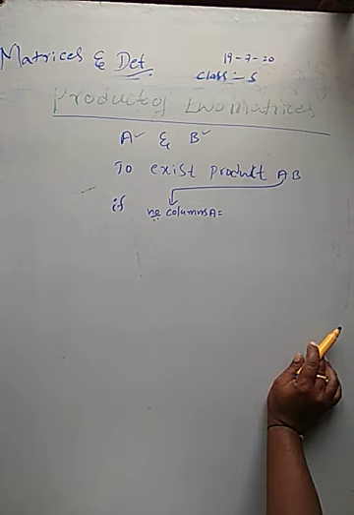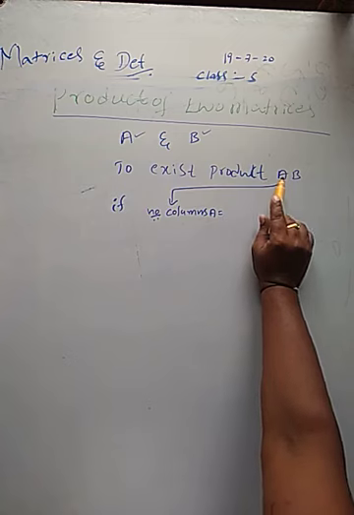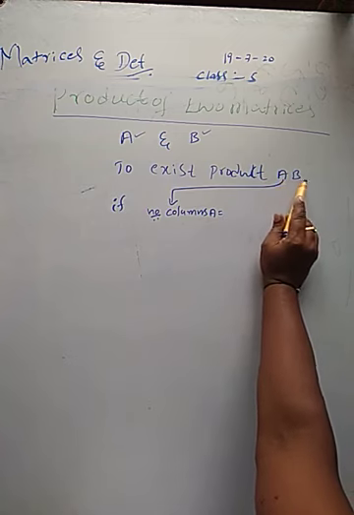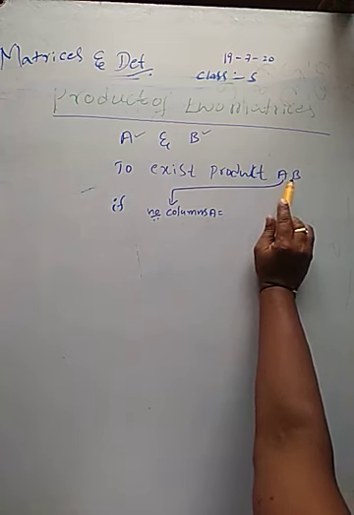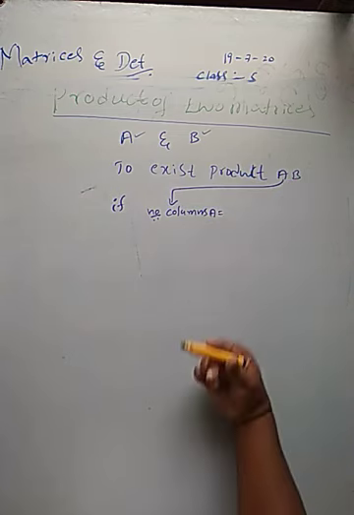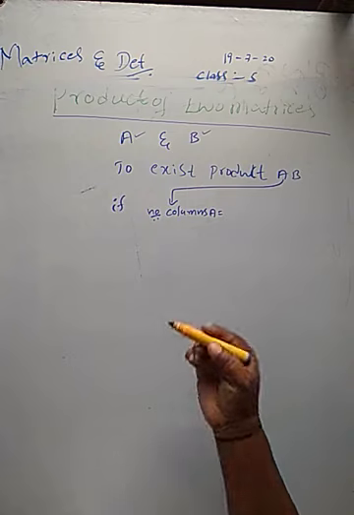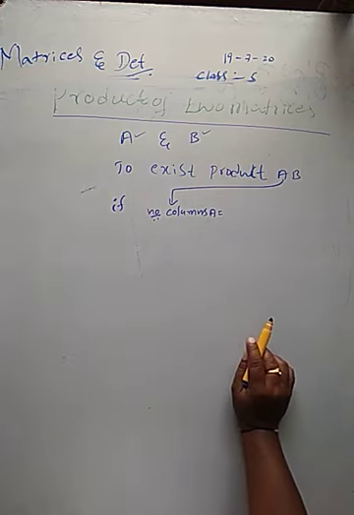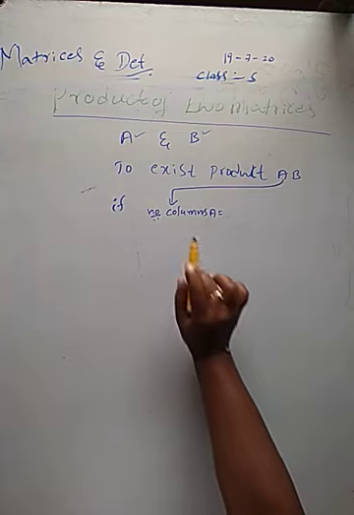While learning rows and columns, we gave the priority to rows, then columns. But in this topic, the product of two matrices, to exist AB, A is the first matrix, B is the second matrix. To exist the product of two matrices, namely AB, there is a sensitive initial condition, a confirmation.